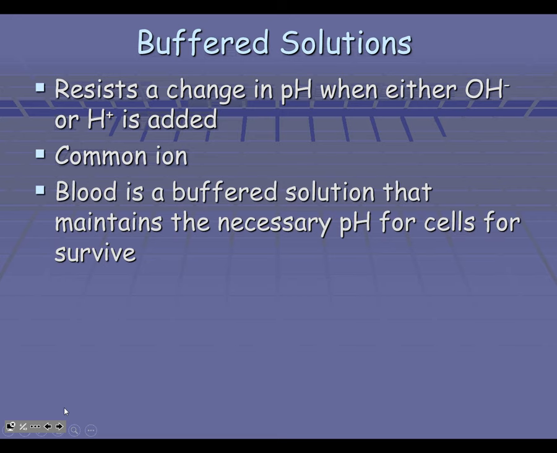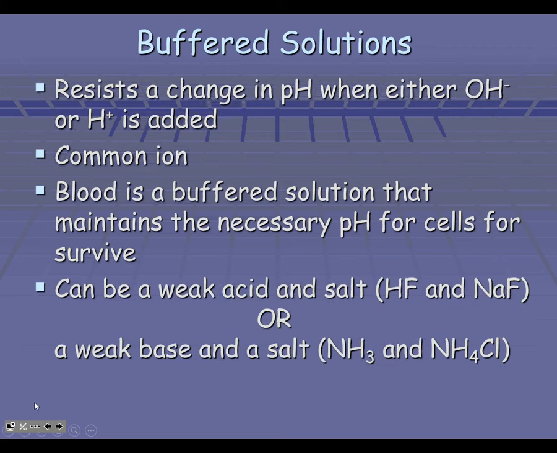All buffered systems work on having a common ion. And you can have 2 different types of buffered solutions. You can have a weak acid and its salt, kind of that example that we were looking at prior on the last slide.